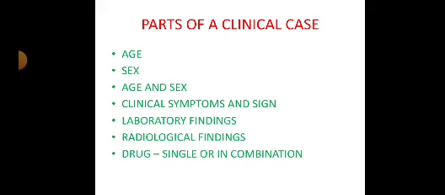So you have to think about it. If there is any suggestion in the question of certain age and certain sex, then it is directing you toward the diagnosis of some certain disease. It means it is helping you in the diagnosis, it is not confusing you.